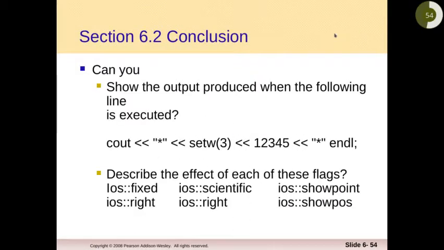Okay, let me go back. So here's a little test for you. If we run this statement here, what will it output? And I'm going to give away a little of it.